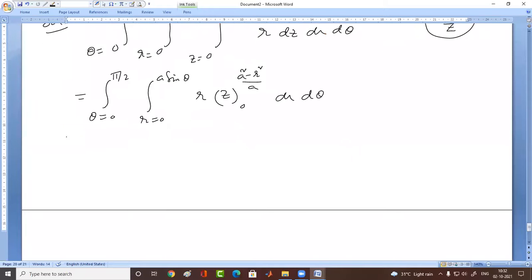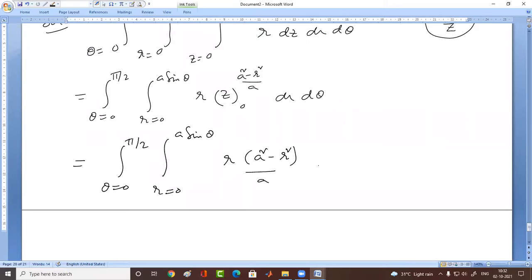Now substitute the limits. Not difficult, very easy. Theta 0 to pi/2, r 0 to a sin theta, r times (a squared minus r squared)/a dr d theta. Okay, don't worry, very easy.